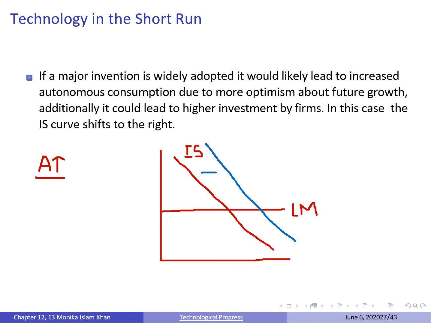The IS curve shifts to the right, and the equilibrium level of output increases. And as the equilibrium level of output increases, employment is also likely to increase.